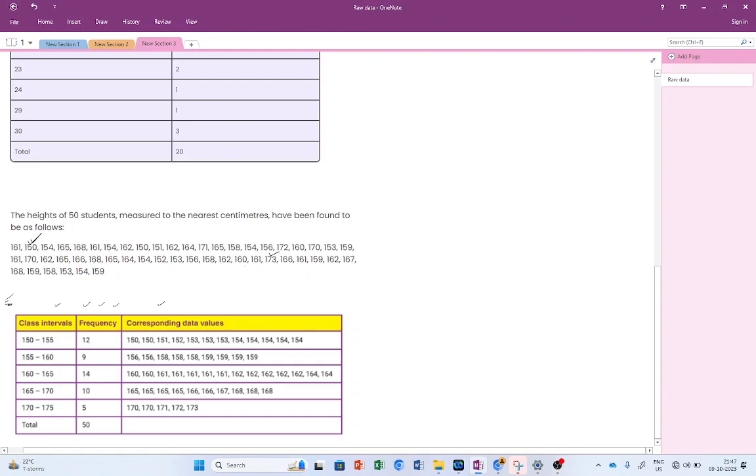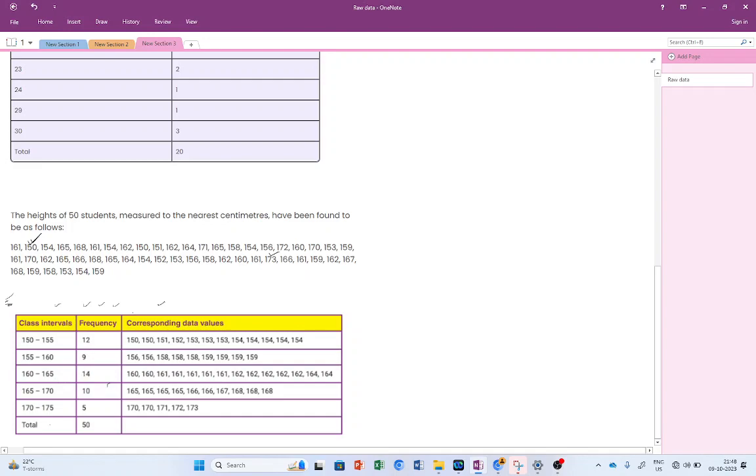Now how you split this data is you give a range. You can see 150 to 155. In this range there are 12 students of this height, with heights 150, 151, 152, 153, 154. So between 150 and 155 in the collected data, if you count, you get 12 students. Likewise, for 155 to 160, there are 9 students.